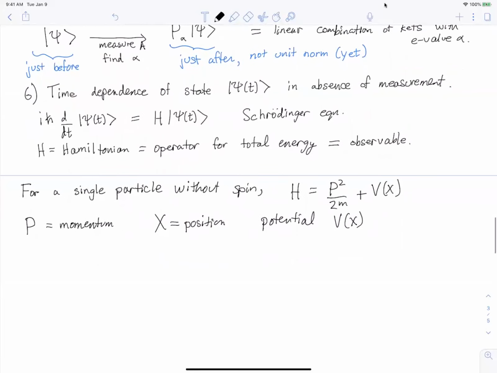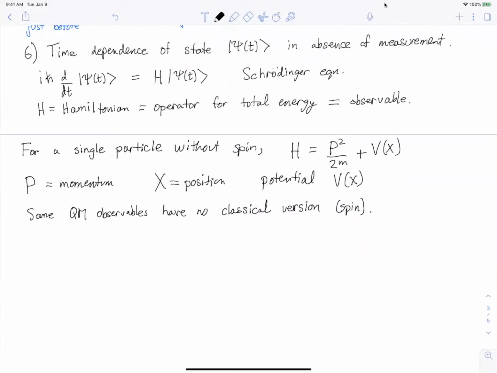Okay, so some weird things can happen if you have functions of operators. Some quantum mechanical observables have no classical counterpart, so have no classical version. And a good example of that, which we'll talk about much more later, is spin. But even if it does have a classical version, it can be somewhat ambiguous.